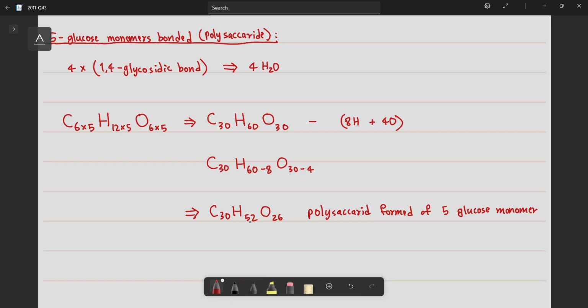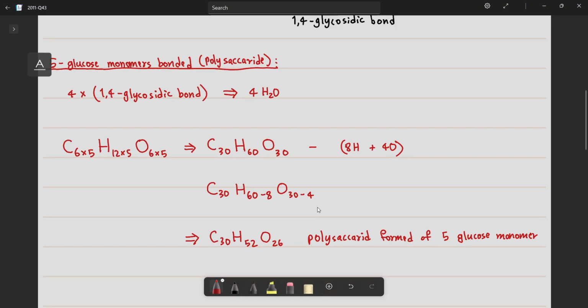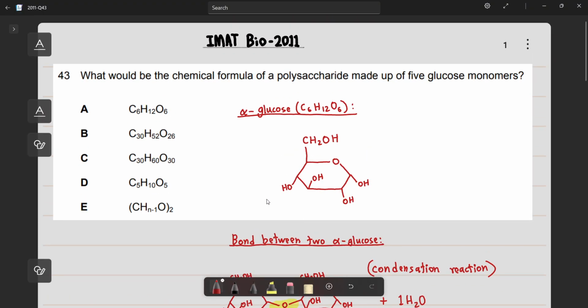The overall chemical formula for this polysaccharide is C30H52 and O26. So this is the chemical formula for the polysaccharide. The correct option here is option B, C30H52 and O26. And this is the complete formula for the polysaccharide.